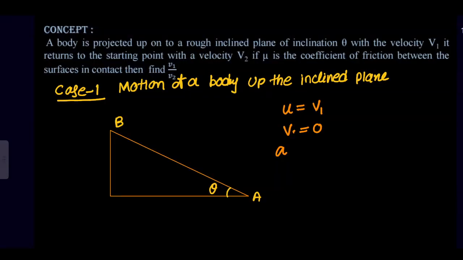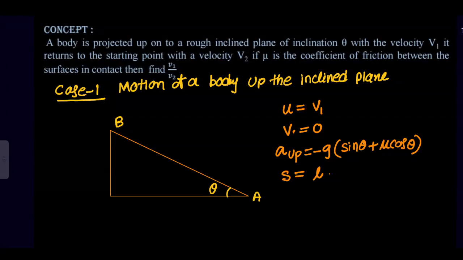So we have to use a up. So what is a up? It is minus g into (sin theta plus mu cos theta). And let the displacement of the body be L.